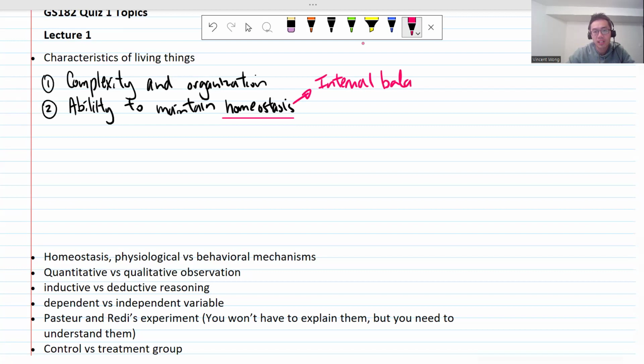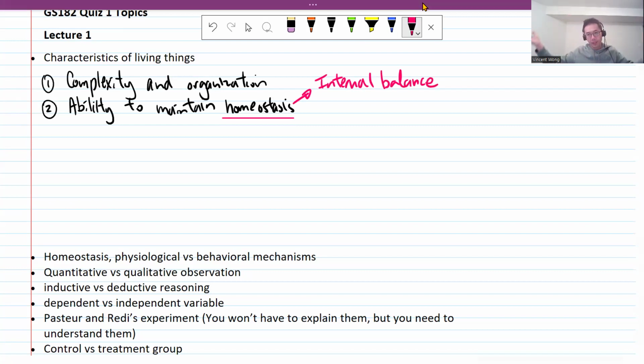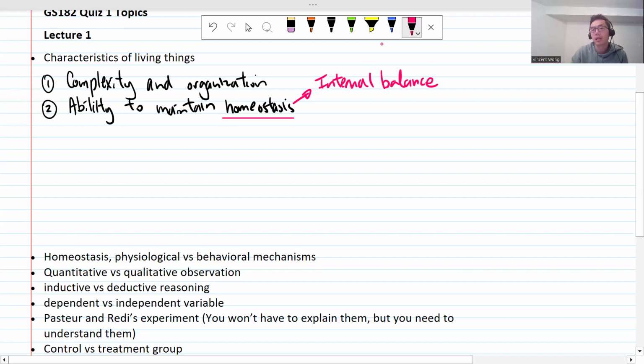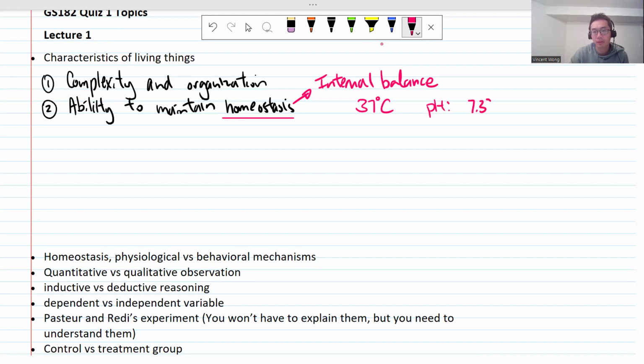Despite changes that are happening in the surroundings, you are able to keep the inside relatively stable. For example, keeping a body temperature of 37 degrees Celsius, maintaining a blood pH of about 7.35 to 7.45.